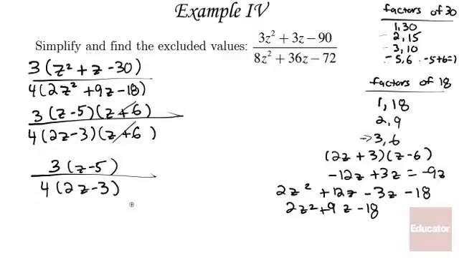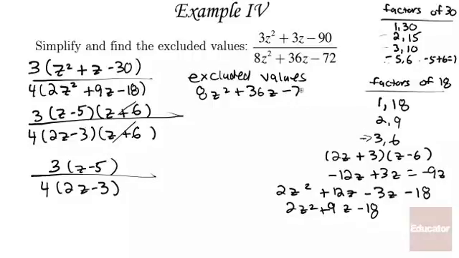Now, finding the excluded values. Again, I'm going to go back up to the original. And I'm going to look at the denominator. And what I want to do is set this denominator equal to 0 and solve for z. In order to solve for z, I need to factor. And fortunately, I've already done that because that was quite a bit of work.